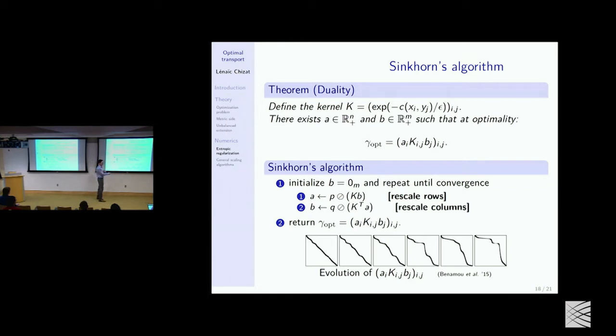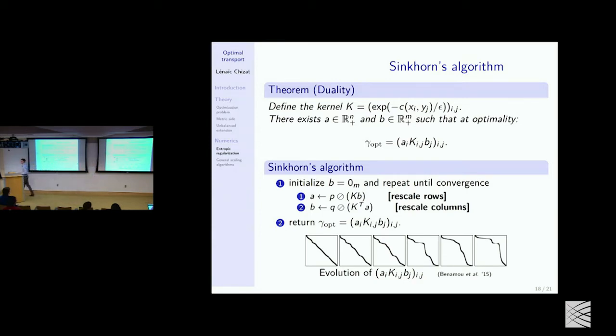So it shouldn't be 0, it's 1, sorry. And then I can rescale the rows so that I satisfy the first marginal constraint. This will modify my weights a's. Then I can rescale the columns so that I satisfy the other marginal constraint. But then I will change the first marginals. So I need to repeat again. And it gives me an algorithm, which is called Sinkhorn's algorithm.